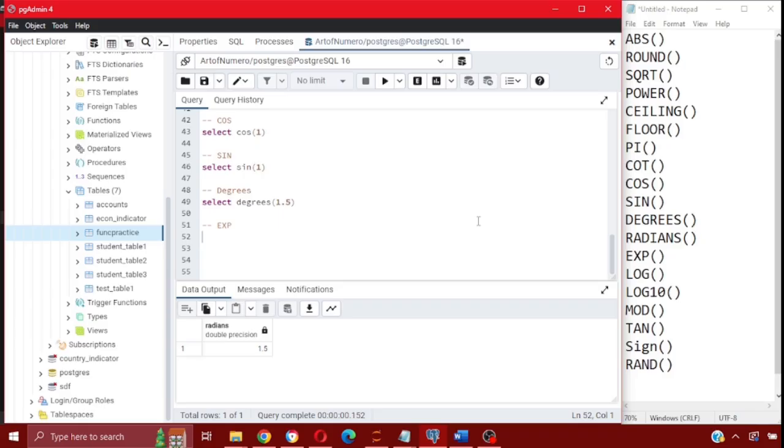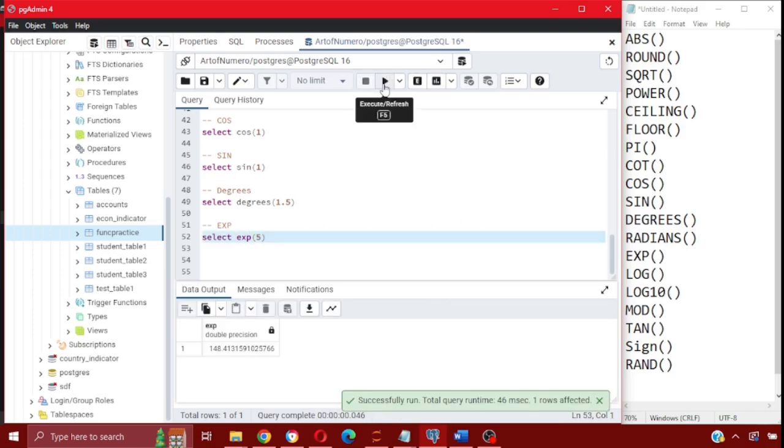You're using a constant that's 2.7 or something, which is the base of the natural logarithm. So let's say you want to get the EXP for the number 5. You are raising that constant to the power of the specific number which you just passed here.